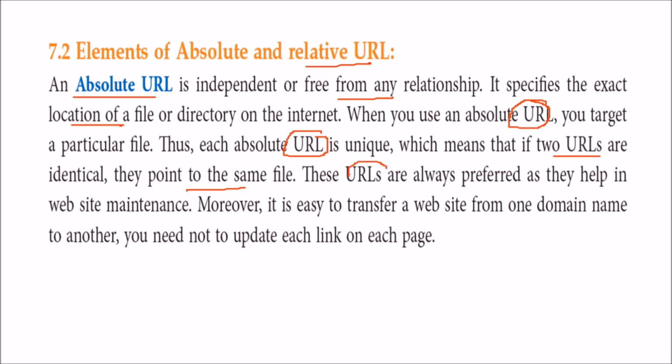And these absolute URLs are always preferred because they make the maintenance of your website quite easy. If you are transferring the website from, say, one domain name to another, then the absolute name will always be good. You need not update each link on each page.